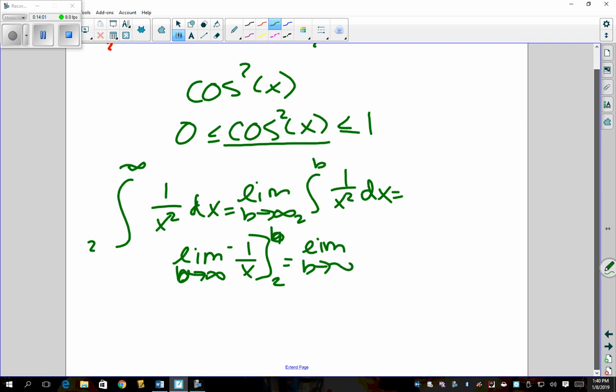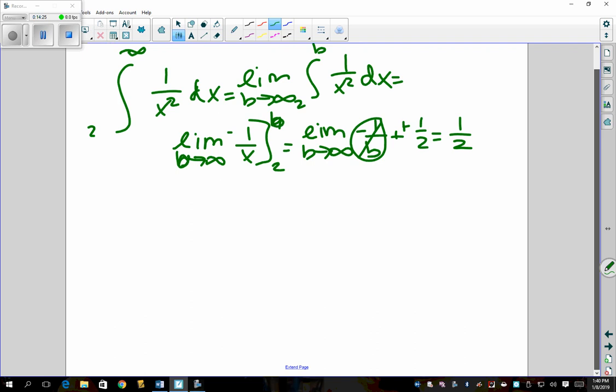And by the fundamental theorem of calculus, that's negative 1 over b minus negative 1 over 2. And the limit as b approaches infinity, this turns out to be 0, so this is 1/2. So we didn't have to go through all that. That was maybe extra practice if you needed it.